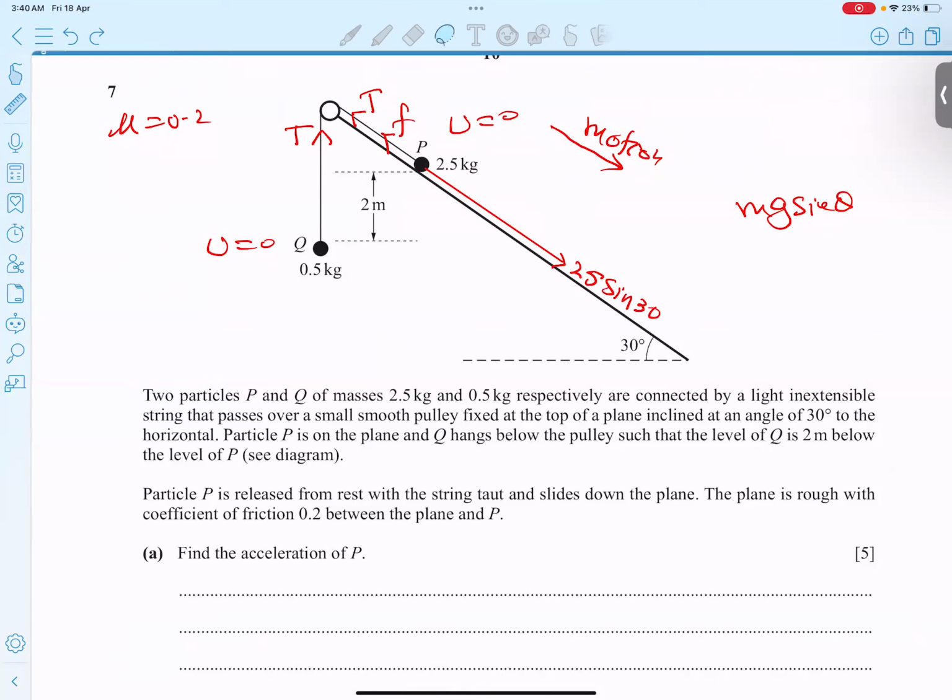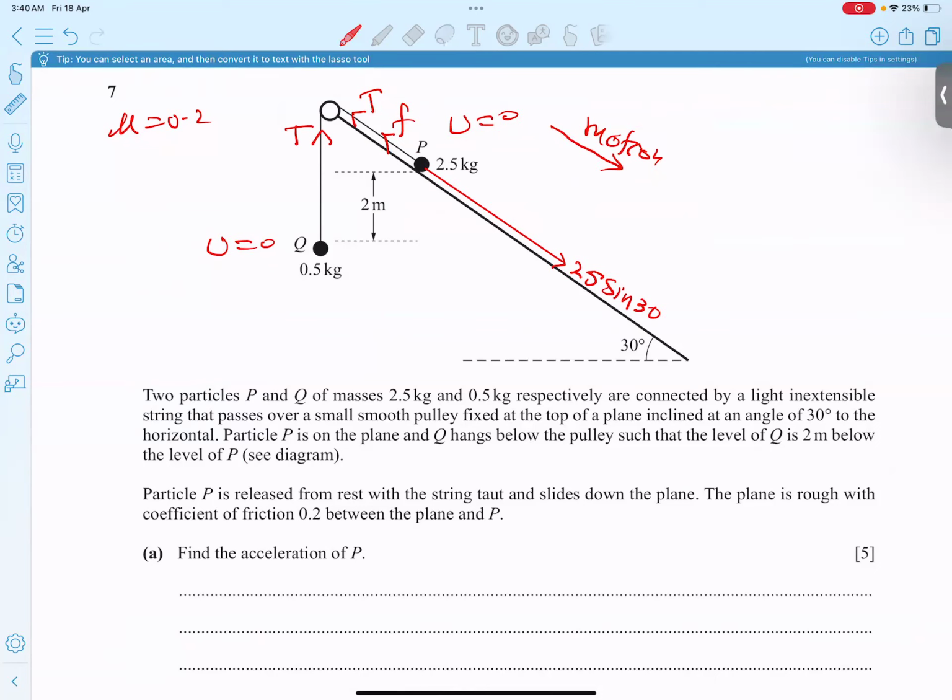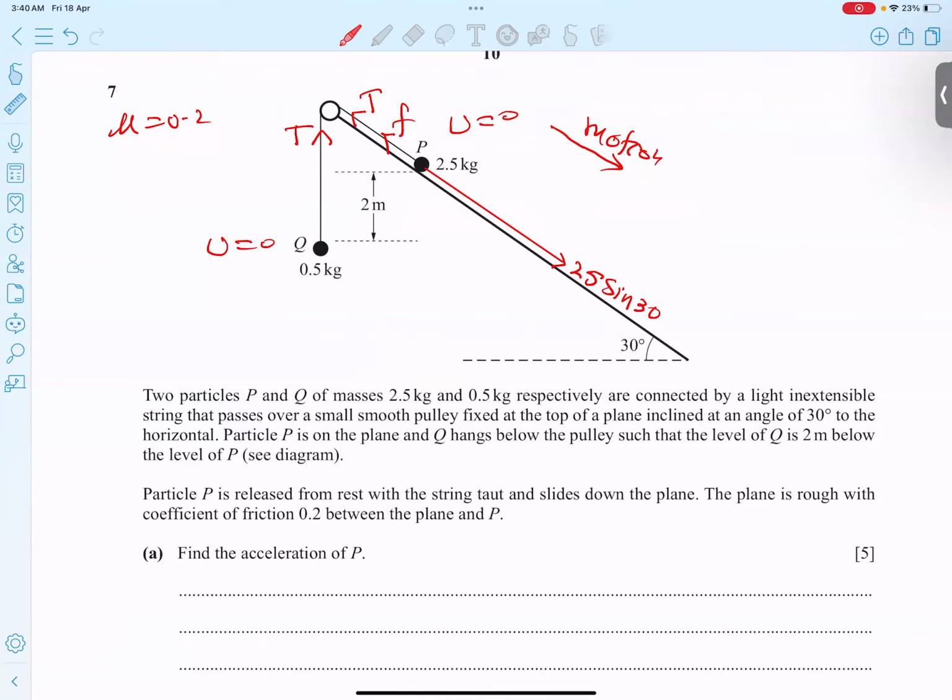How to find the friction force is nothing hard to do, because basically this is the R component, and this is mg. I mean 2.5 into 10 cos 30, 25 cos 30, because mg cos theta. So students, what is the formula?